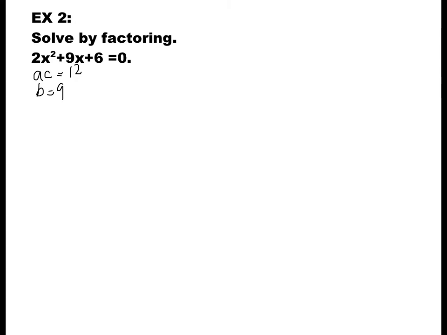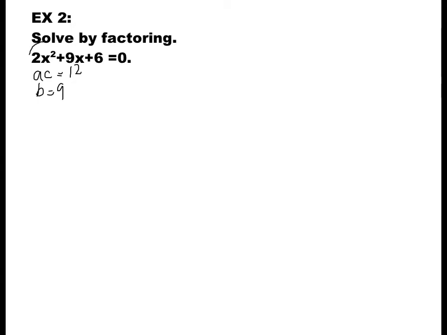The numbers are 1 and 12, 2 and 6, 3 and 4, or negative 1 and negative 12, negative 2 and negative 6, or negative 3 and negative 4. And none of them add up to 9. So I can't use the technique that I had before. Again, I have to go through the technique of completing the square.